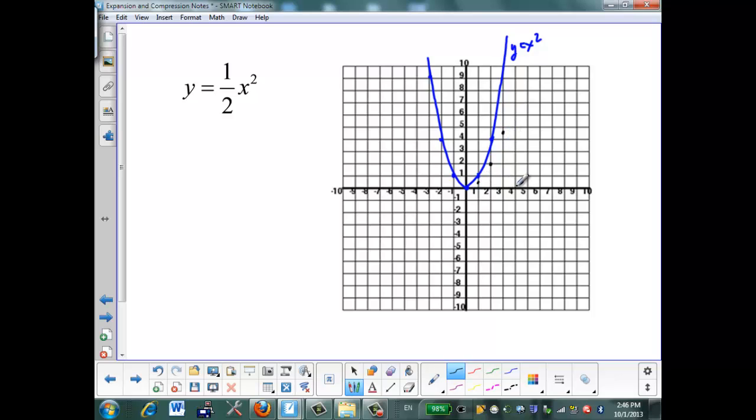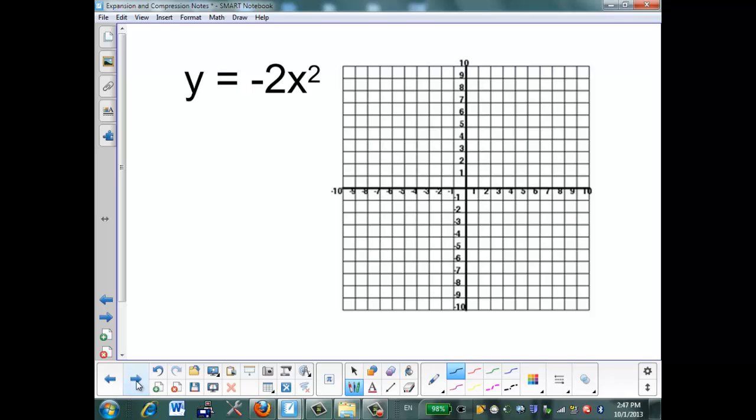Normally I'd go over 4 up 16, but I'm going to go over 4 and up 8. Same thing on the other side. So you can see when I draw a graph of y equals a half x squared, my graph gets a little bit wider. And the amount that I go up with my pattern of squares is multiplied by a factor of a half.